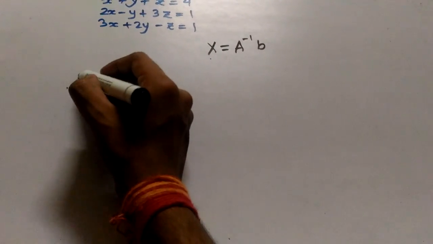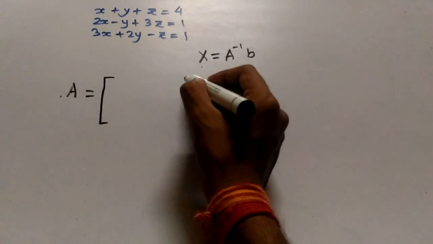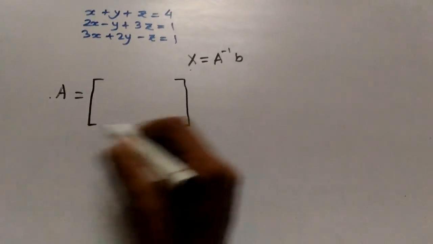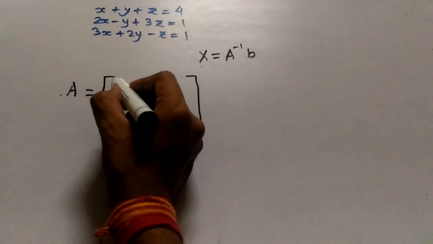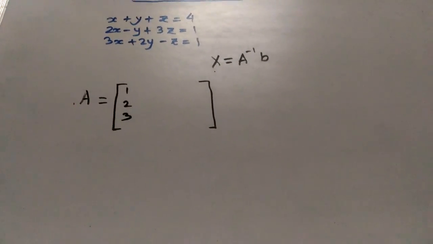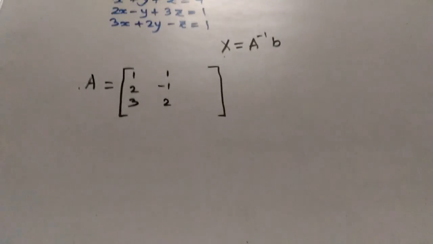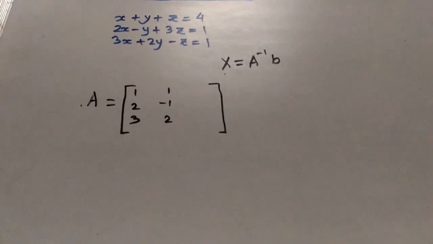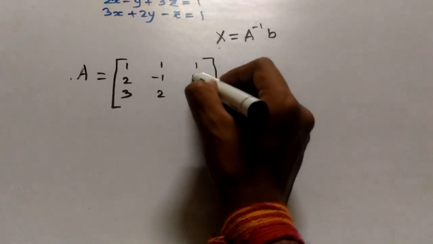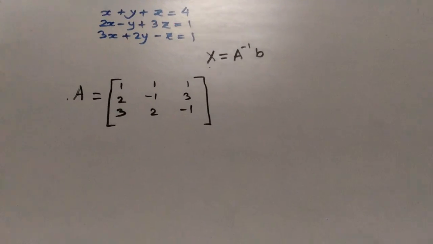What is A? A is nothing but a matrix containing the coefficients of the variables. So 1, 2, 3 makes the coefficients of x. 1, minus 1, 2 makes the coefficients of y. 1, 3 and minus 1 makes the coefficients of z.